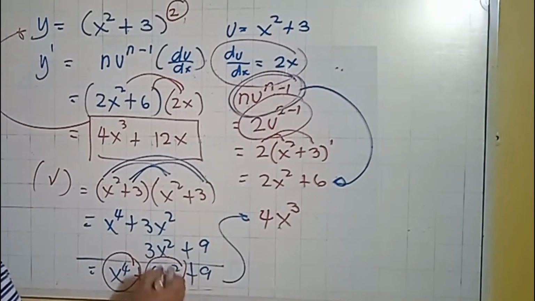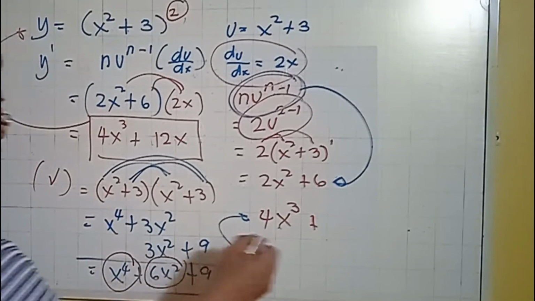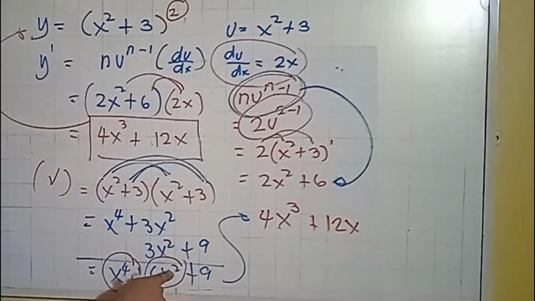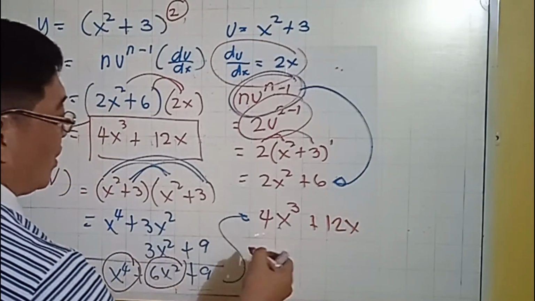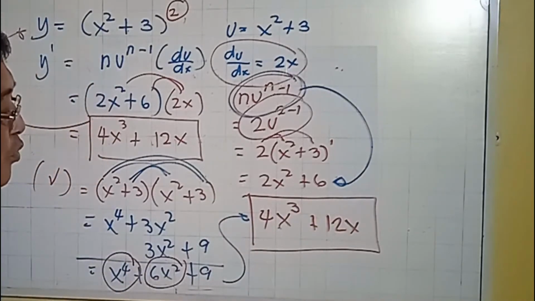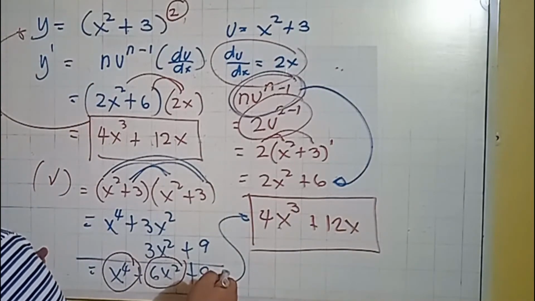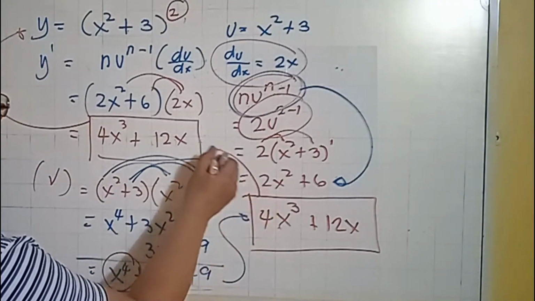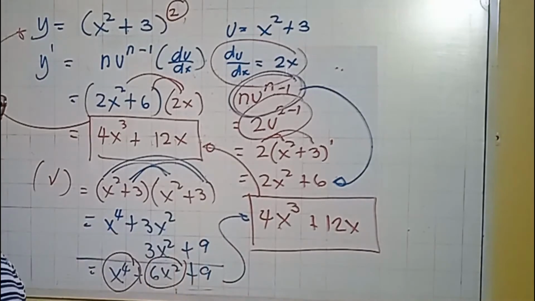And then plus, using again power formula, 2 times 6, you have 12x, 2 minus 1, that is 1. So you have the derivative 4x cubed plus 12x using the standard other rules for differentiation. So they are the same.